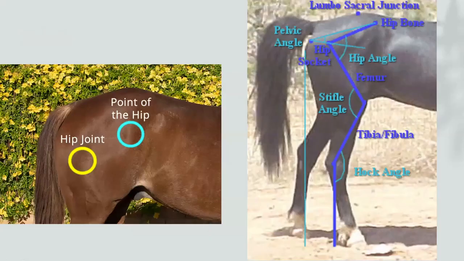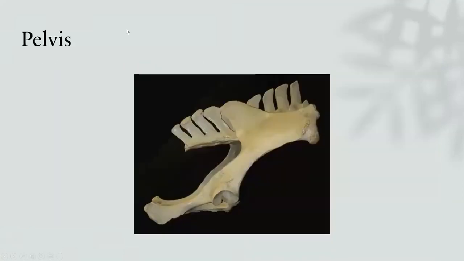All right, so if we look at the outer surface of the horse on your left-hand side, the hip joint is actually all the way back here, but the point of the hip we call up here. So anatomically, this is going to be your point of the hip. On a skinny horse, you can actually palpate this. On a horse that's very well fleshed, these are a little bit harder to feel.